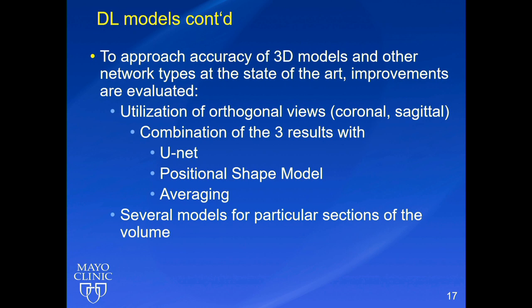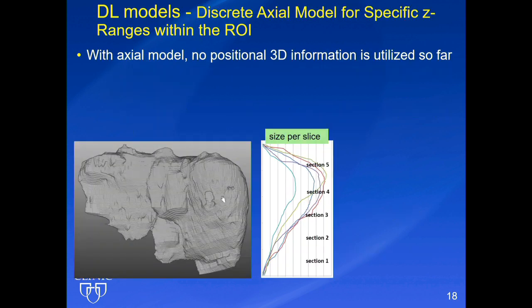And another idea we had in mind was training specific models for specific sections of the entire volume. Yeah. So here with the specific models, in this case 5 models for the entire volume, if you evaluate the mean size in pixels of the liver diameter from the very top to the bottom, for the first 5 datasets, they all follow quite the same statistical behavior, increase in size, decrease in size.